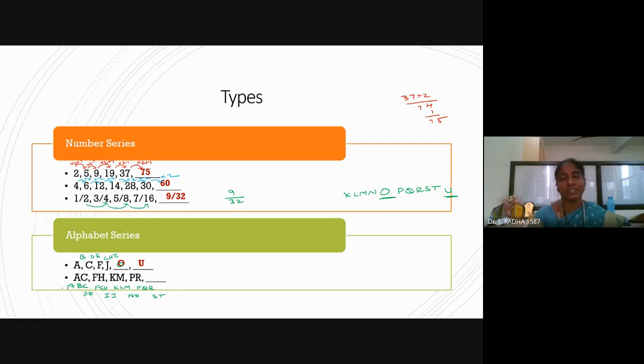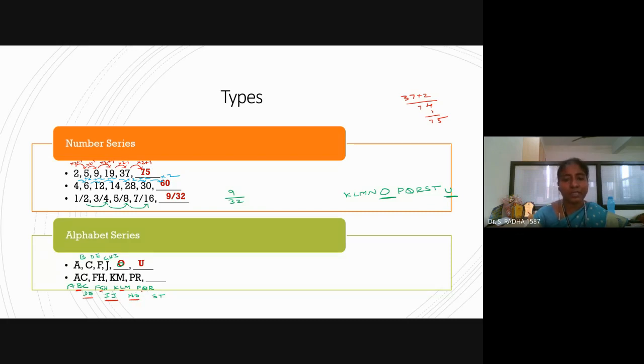Okay, the first combination is AC and B is skipped here, and the second combination is FH. Two letters are skipped in between. In FH, G is skipped in between. After the second combination, I and J are skipped. Two letters in the alphabets are skipped. Then KLM, L is skipped, KM is the third combination. After this, N and O, two letters are skipped.